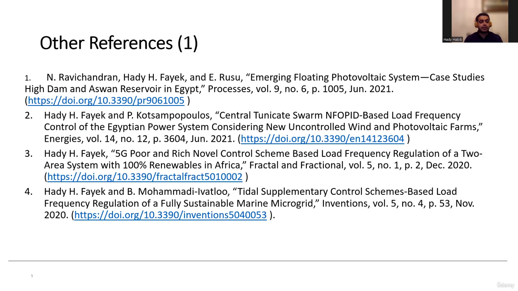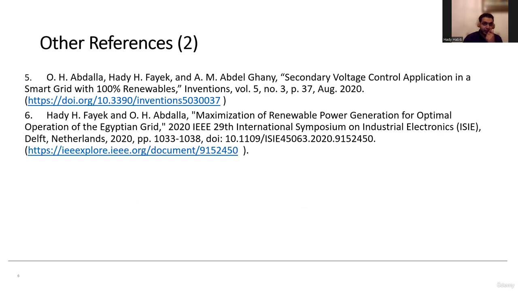The third paper is 5G poor and rich novel control scheme based load frequency regulation of 2 area system with 100% renewables in Africa. It was published in Fractal and Fractional Journal. The fourth is Sustainable Marine Microgrid, published in Inventions in November 2020.